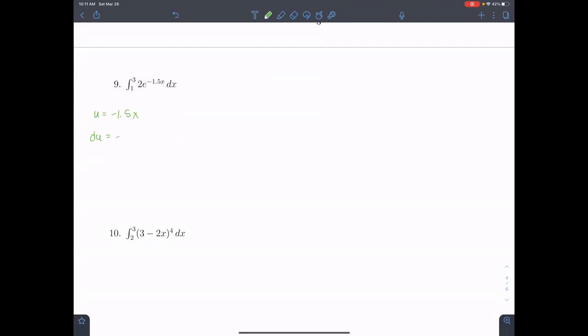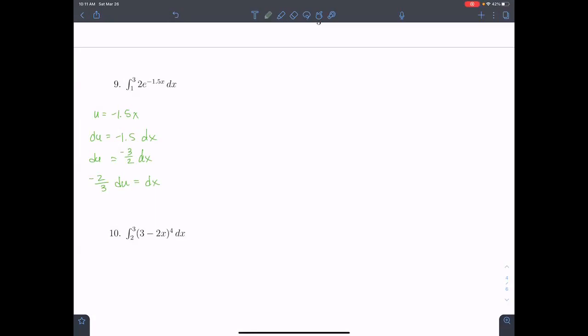Then du is negative 1.5 dx. So we're going to divide by that. That is negative 3/2 dx. So if I multiply by negative 2/3, that would work. So negative 2/3 du equals dx.